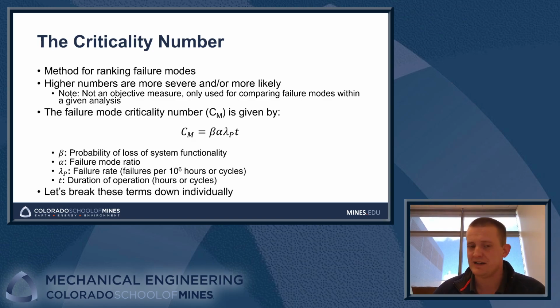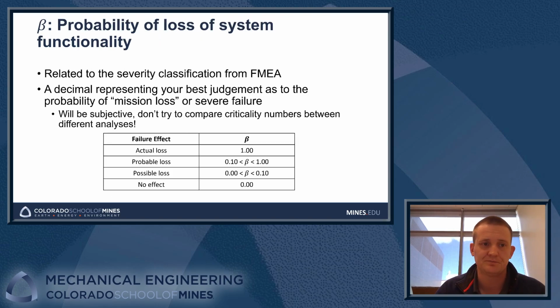It's usually defined as failures per million hours of operation or million cycles of operation. And then T is the duration of our operation. So like how long does the mission of our prototype last? How many cycles or how many hours of operation does it go through before we've considered it to have completed its purpose? So we're going to break these terms down individually and talk about how we'll calculate each one of them, just so that you can see how to get the criticality number.